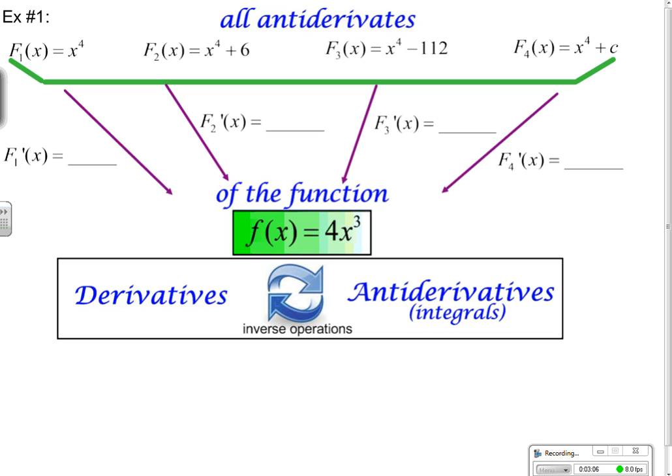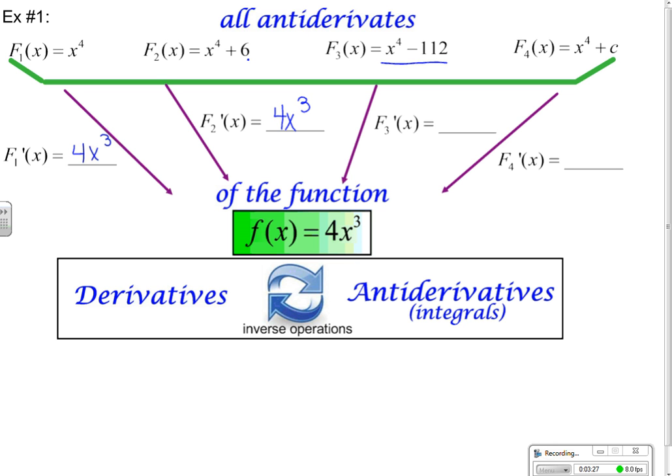Looking at example 1 here, I picked up 4 different functions and they're listed across the top. What I'd like you to do is find the derivative of each of those. So the derivative of function 1 here would be just 4x cubed, wouldn't it? 4x cubed, the derivative of 6 happens to be 0.